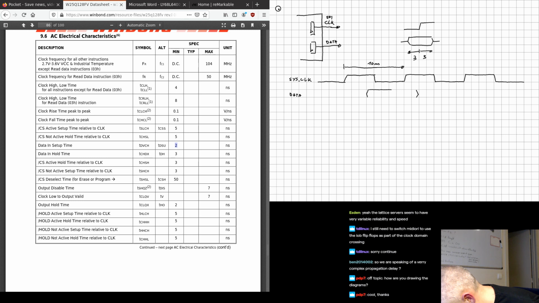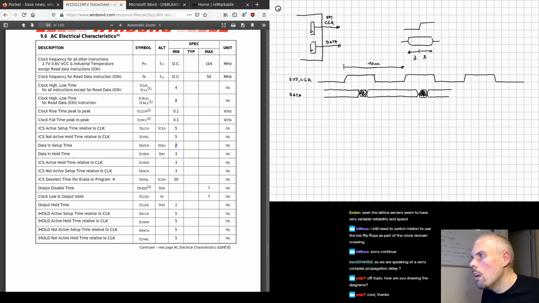So we have something like this. That's invalid data. So that's data out. That's sort of what it would look like, right? That's if we use a register on the FPGA to output data, that's where our bits are going to arrive.